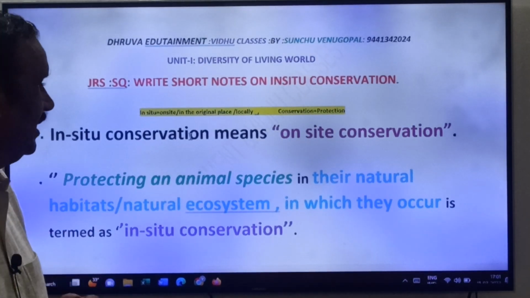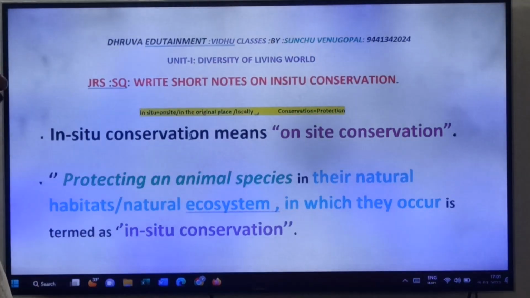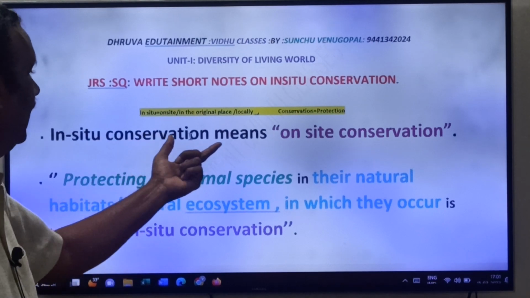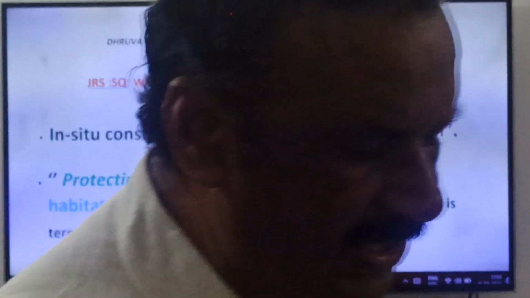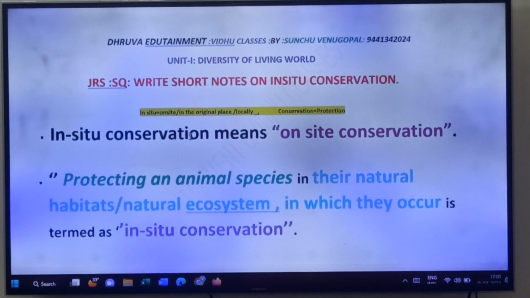Coming to the definition: what is in situ conservation? In situ conservation means on-site conservation. It means conservation or protection of organisms, populations or animals at their original place.